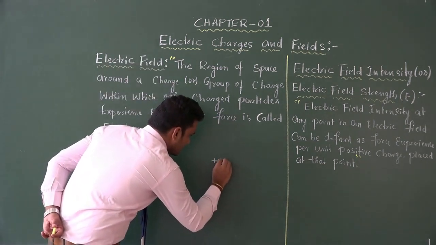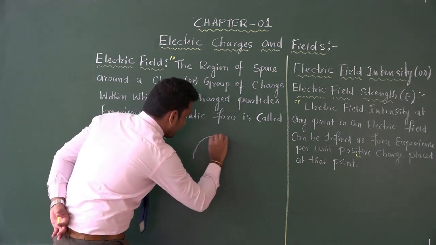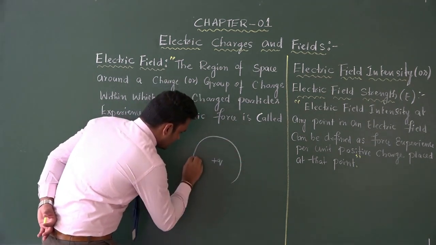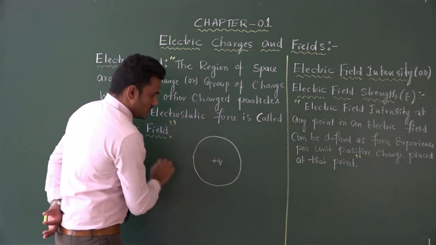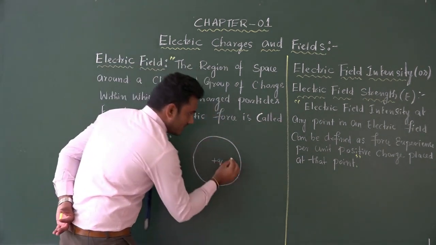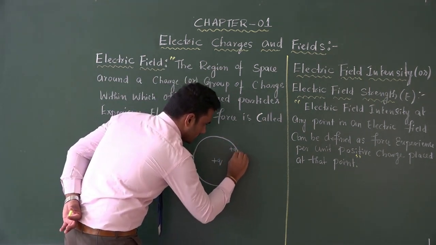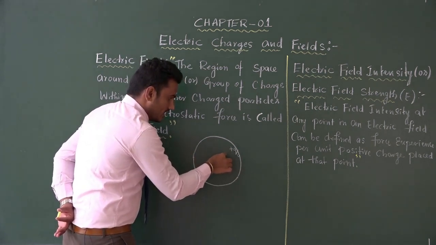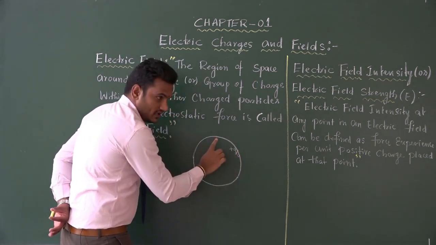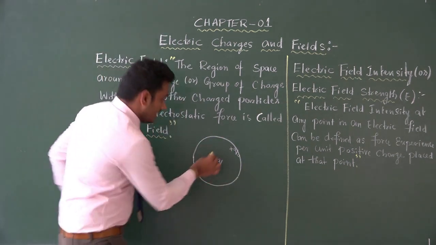So I consider a positive point charge. So this is the region of space around a charge. Within this region I am bringing another charged particle, say plus Q naught. If you bring another charged particle within this region, it experiences electrostatic force.